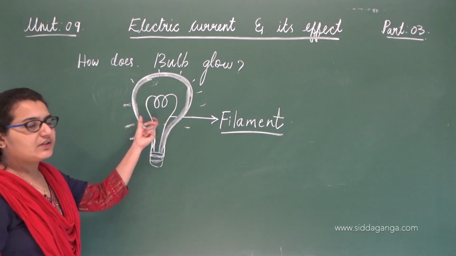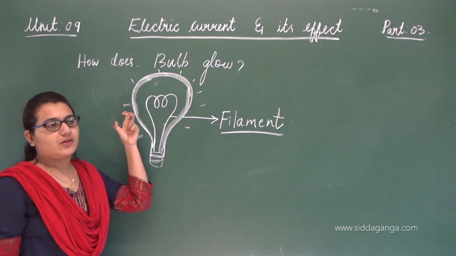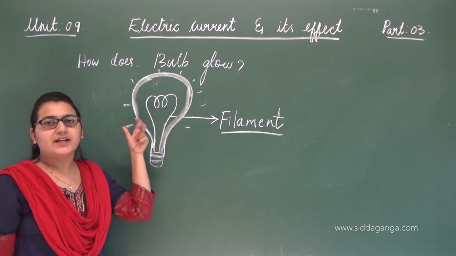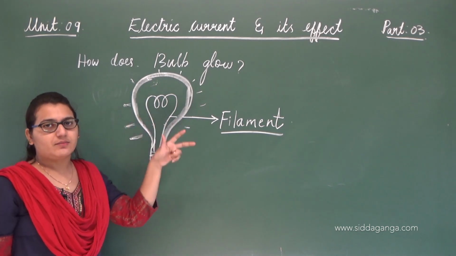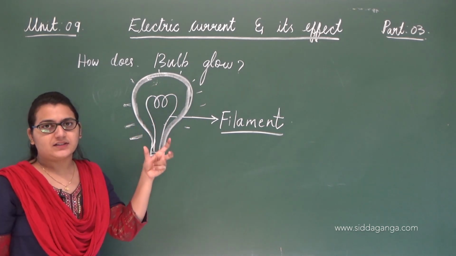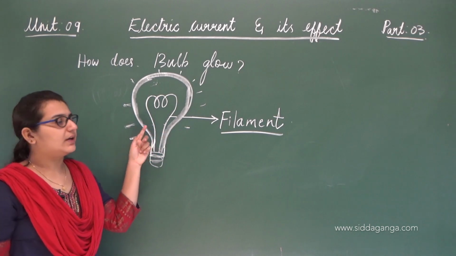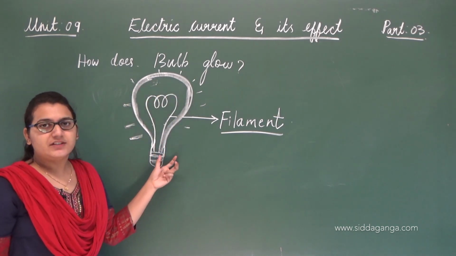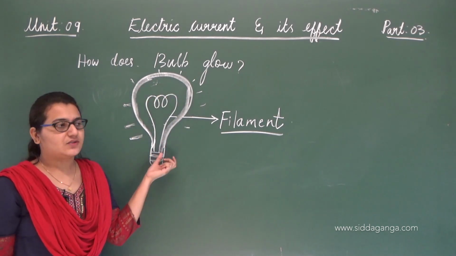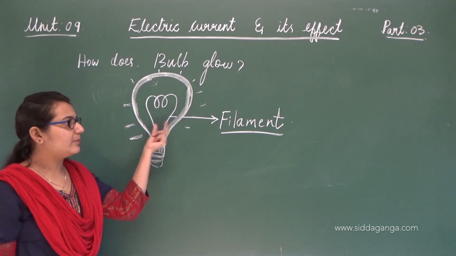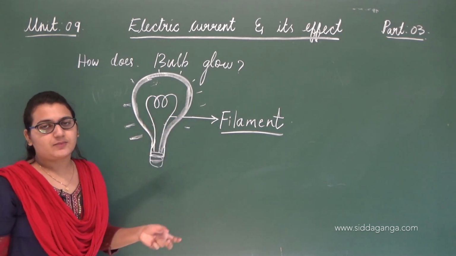This filament provides the light, and at this high temperature, if it reacted with oxygen, it would burn. That is the reason it is enclosed by a glass chamber which does not have oxygen, so the filament does not react with atmospheric oxygen.